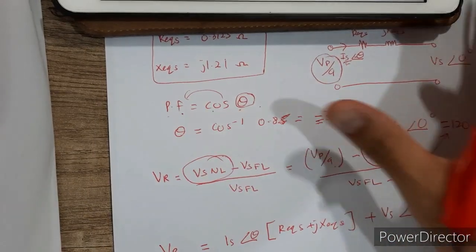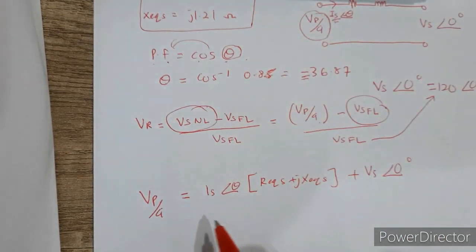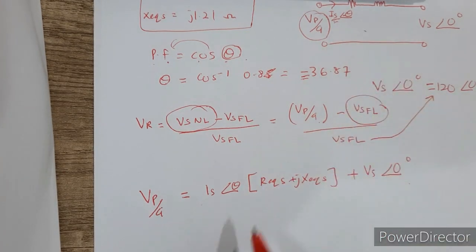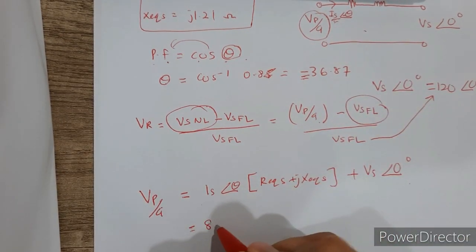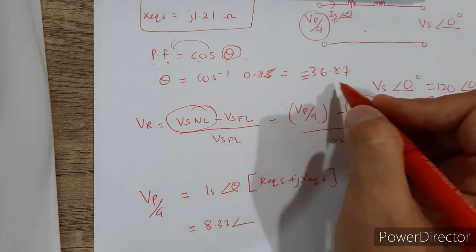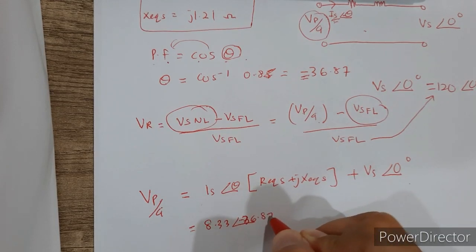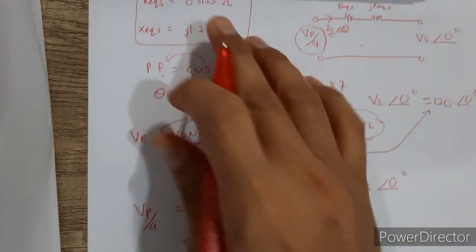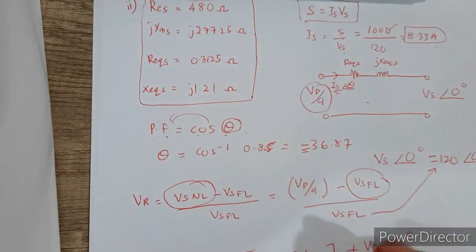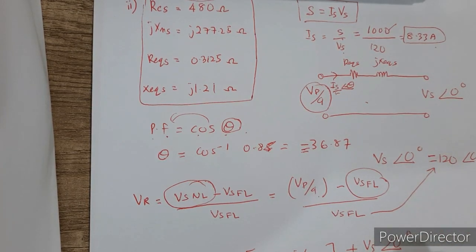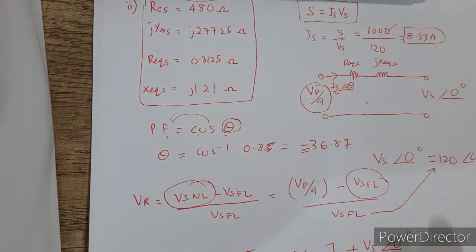So IS is 8.33 angle of negative 36.87, multiplied by R equivalent S, which we refer to the secondary side, 0.3125 plus j1.21, and then plus VS, 120 angle of 0 degree.